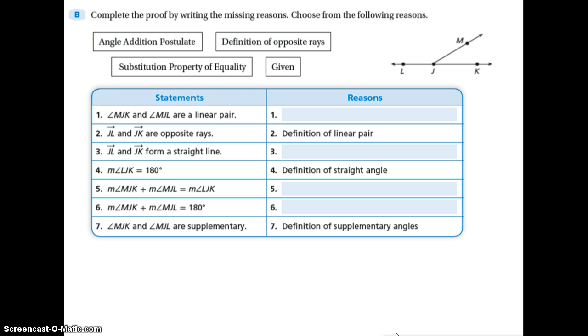So what we have here is we need to fill in the reasons. First and foremost, we are given that the two angles are a linear pair. Okay, the definition of opposite rays is that they form a straight line. So that's your reason for step 3. We know that LJK is 180 because that is the definition of a straight line. And that when we add them, they equal the big angle LJK.